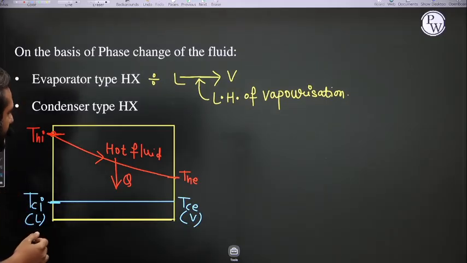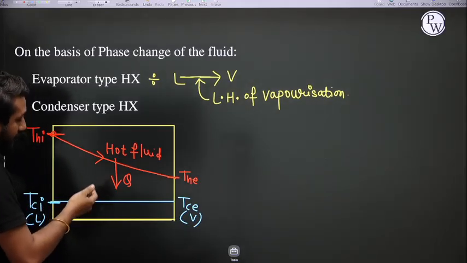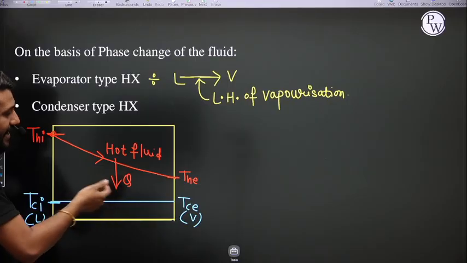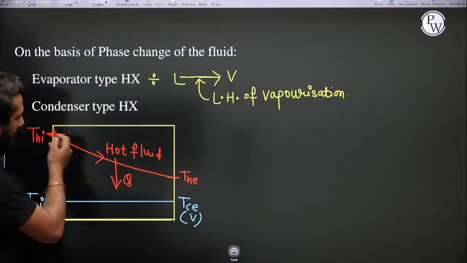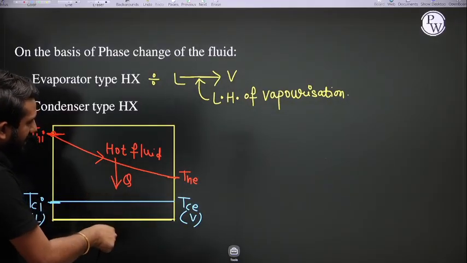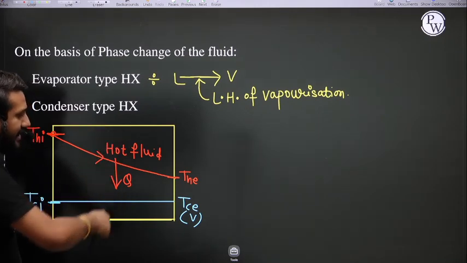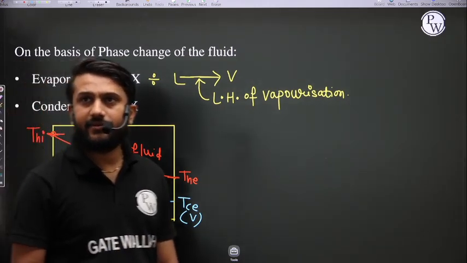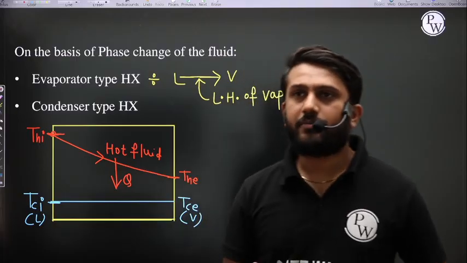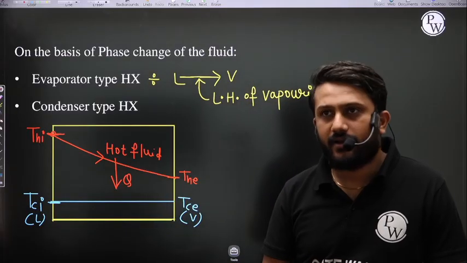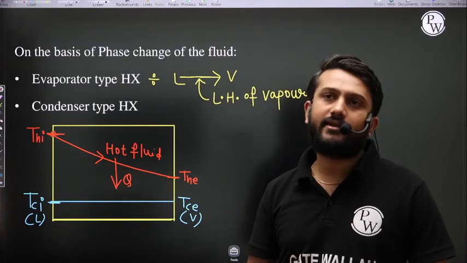From where is this fluid getting the latent heat of vaporization? See here, the hot fluid gets cooled down, and this heat energy, obtained from the cooling of the hot fluid, is used as the latent heat of vaporization.